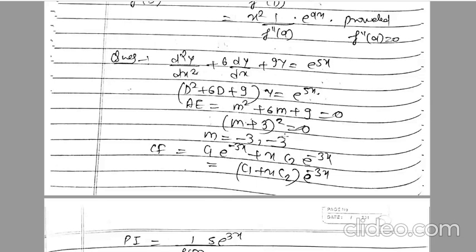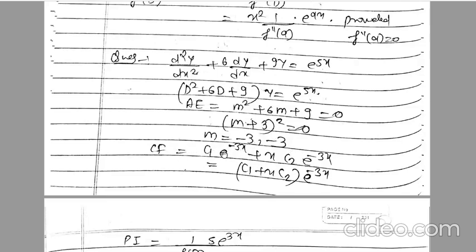If the right hand side does not equal 0, you will solve both parts. So the auxiliary equation will be m square plus 6m plus 9, which is (m plus 3) whole square, using a square plus b square plus 2ab. So (m plus 3) whole square is equal to 0, and m is equal to minus 3, minus 3.